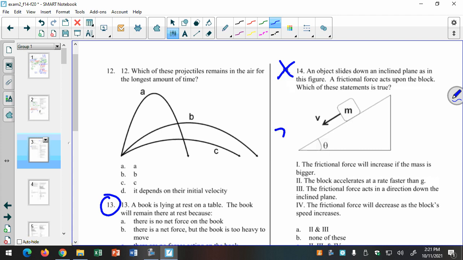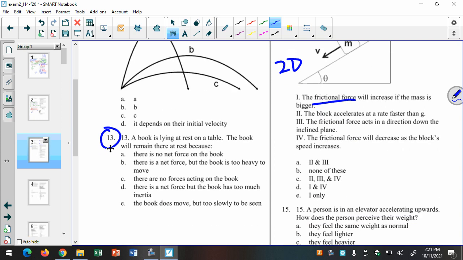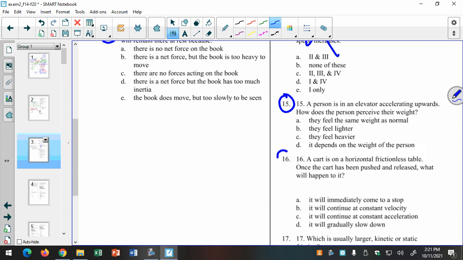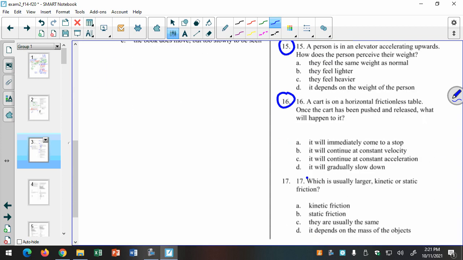It's a two-dimensional problem, and we're not going to have 2 dimensions. You also see that it's about frictional forces, and we're not going to have frictional forces. So not that one. 15, 16, not 17. The reason I know not 17 is because it's about friction. And though we'll get to friction on Wednesday, we're not going to have it on our quiz.